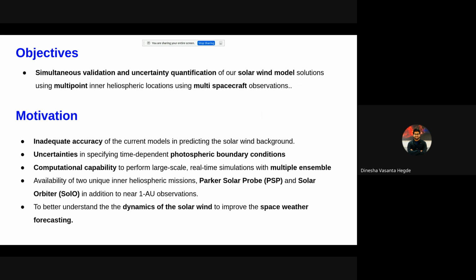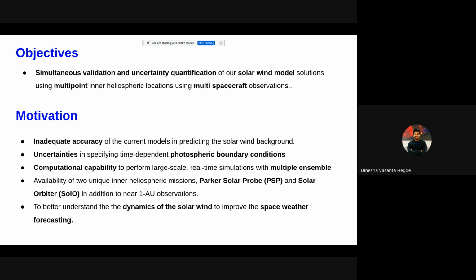So the objective of this whole study is to simultaneously validate and quantify uncertainty in our solar wind models using multi-point inner heliospheric observations, motivated by multiple spacecraft available right now, like Parker Solar Probe and Solar Orbiter, which give the advantage of various heliocentric radii and longitudes, and in upcoming days Solar Orbiter can even get better heliocentric latitude as well.